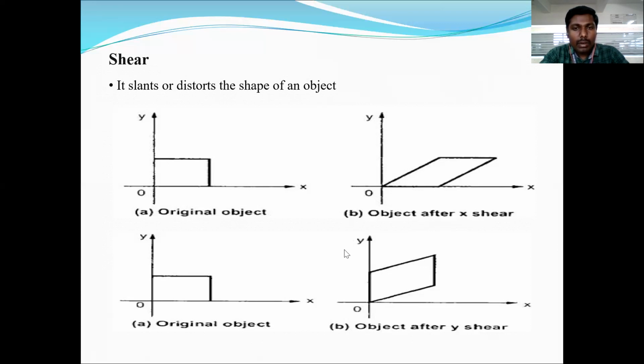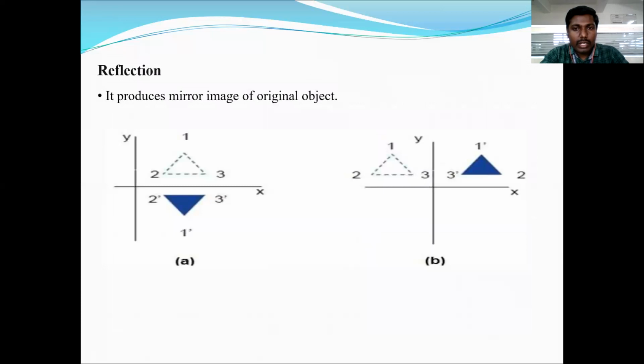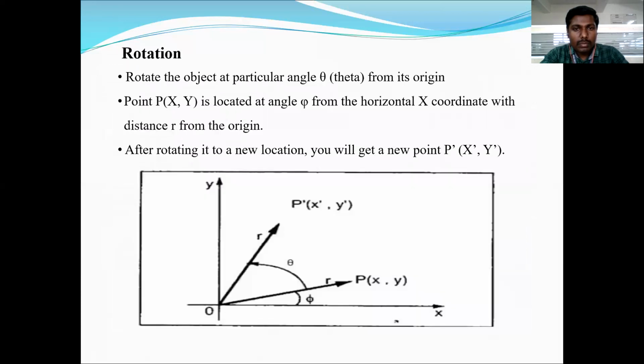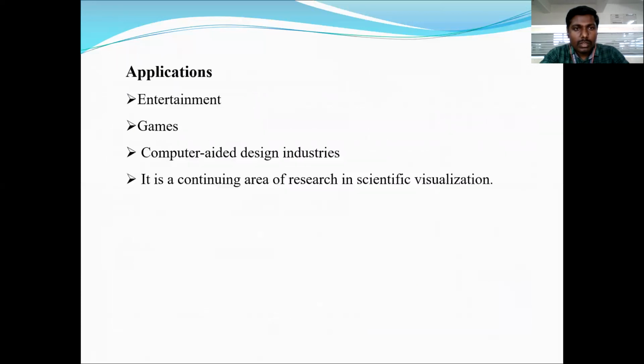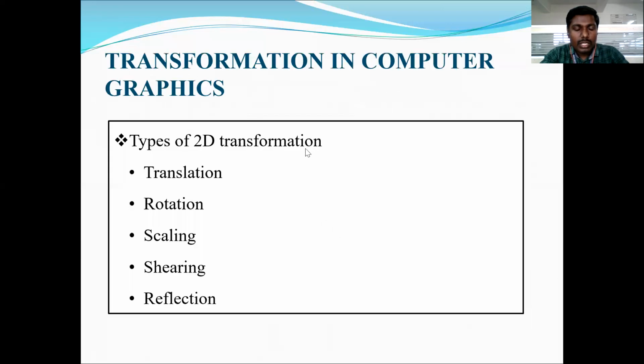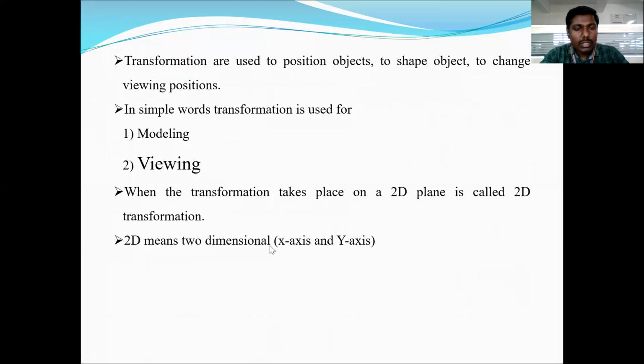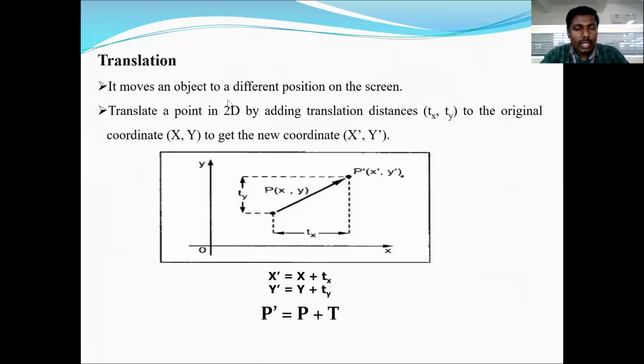So once again we'll refresh our today's topic. We have seen the different types of 2D transformation: translation, rotation, scaling, shearing, and then reflection. Translation moves an object to a different position on the screen.